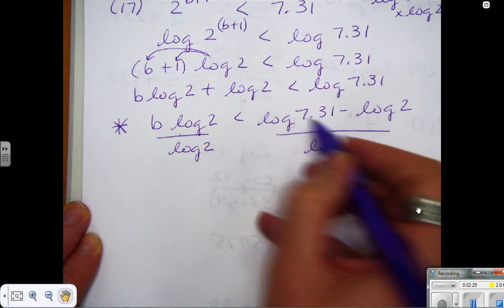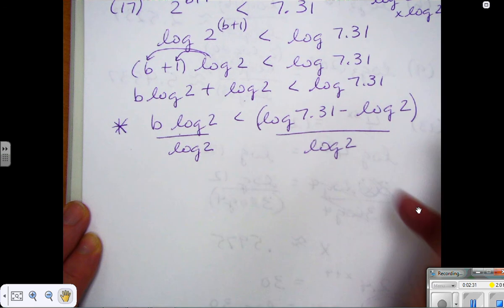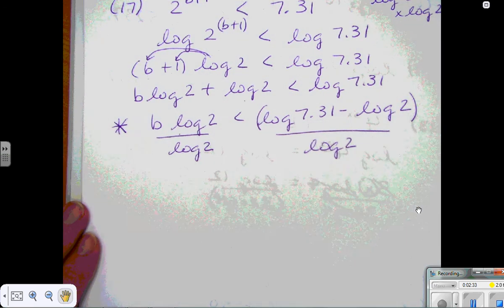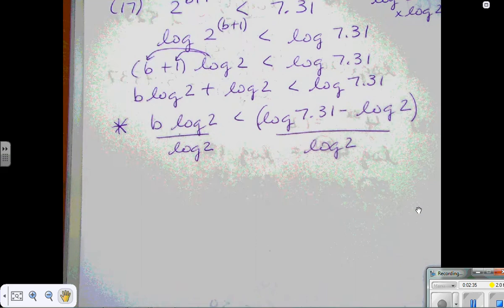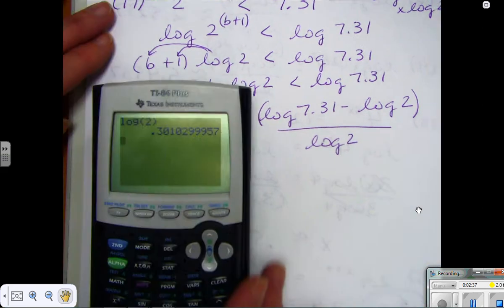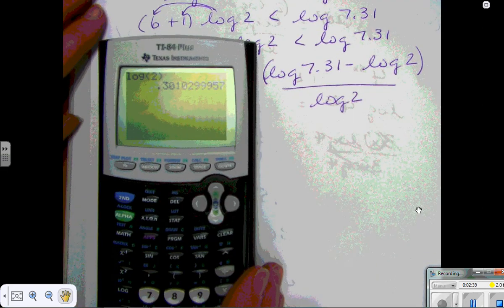In the numerator, you're going to have to put parentheses around the entire numerator. Be very careful when you're typing that in. And go ahead and evaluate what that should be. And I'm going to put it up here and show you how I'm typing it in.